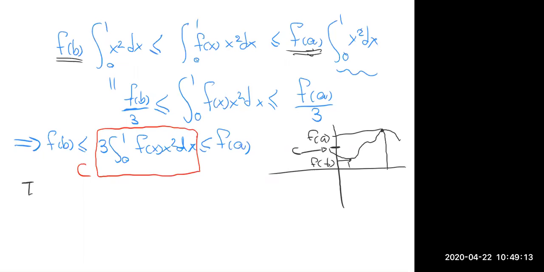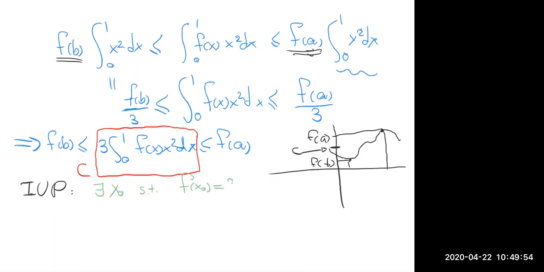What does the intermediate value property tell us? It tells us, yes, there should be some x naught between a and b such that f of x naught is equal to c.